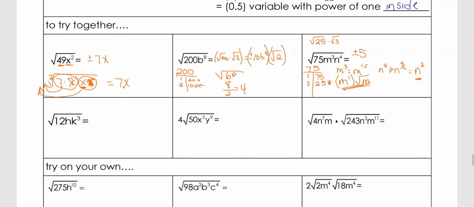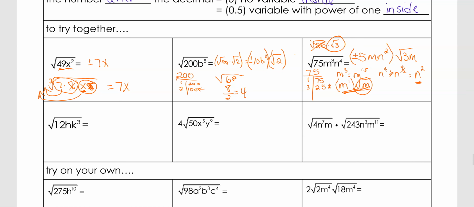So we had 1m on the outside, n to the 2nd on the outside. And I'll go ahead and put that in parentheses. And then what we had left was the square root of 3 on the inside and an m on the inside. So our final answer becomes plus or minus 5mn squared times the square root of 3m.